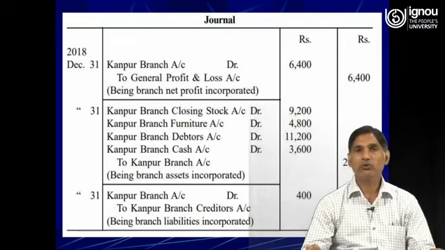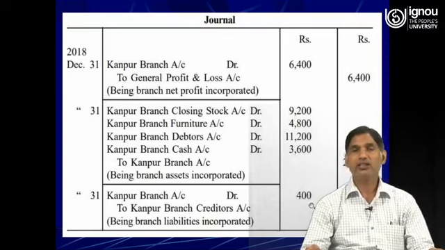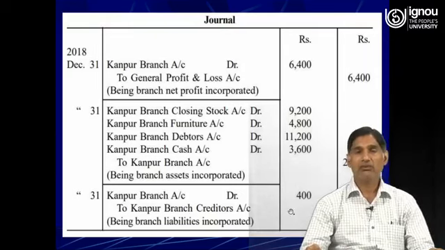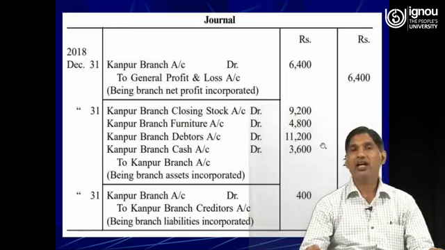Then this is the journal entry for the liabilities. This amount of rupees 4,000 in the form of creditors has been provided in the credit side of trial balance. For the assets, as I have already discussed, all the assets have a debit balance, therefore the assets are debited and Kanpur Branch Account has been credited.